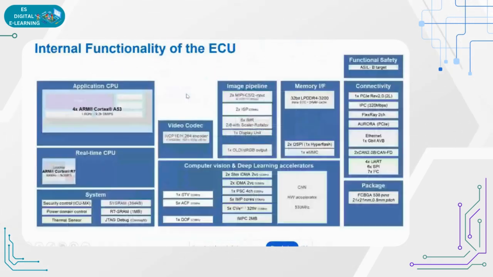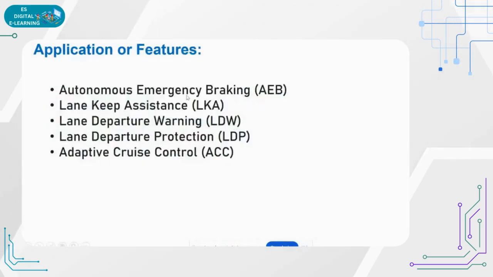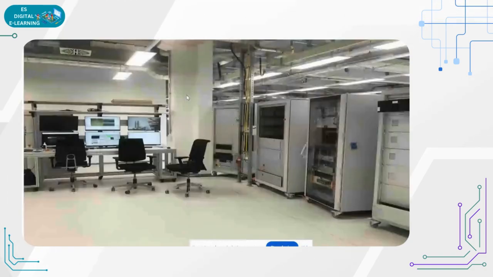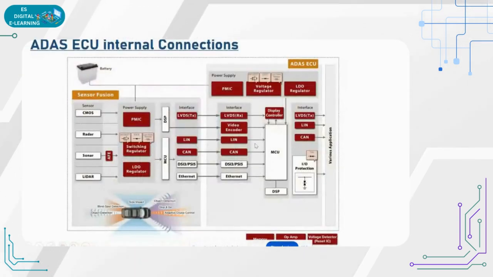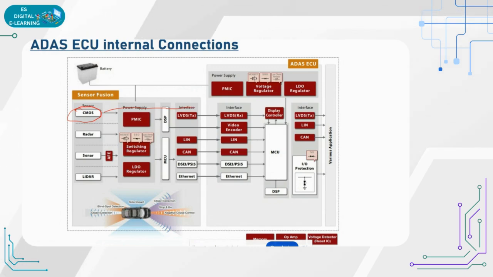Means, how are these features enabled? Generally, ADAS is one sensor. Here we can see the camera is connected to a controller, and it is interfaced to one of the microcontrollers, that is the ADAS ECU.